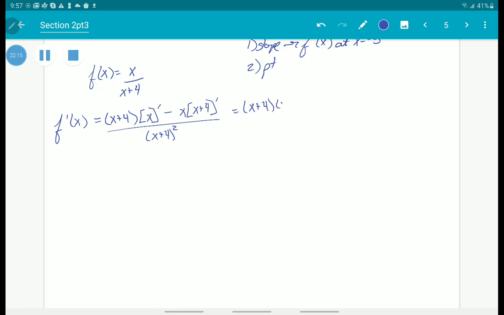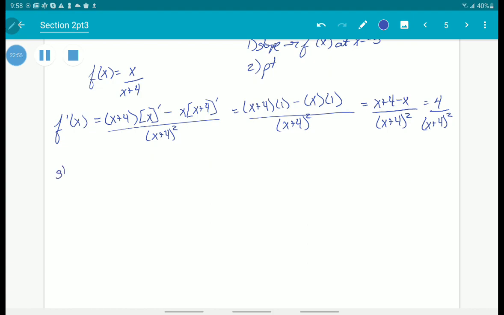Now I'm taking derivatives. Bottom times the derivative of x, which is 1, minus top times the derivative of x plus 4, which is 1, over that bottom squared. Simplify. We get x plus 4 minus x in the numerator over x plus 4 quantity squared. That's going to give us a 4 over x plus 4 quantity squared.